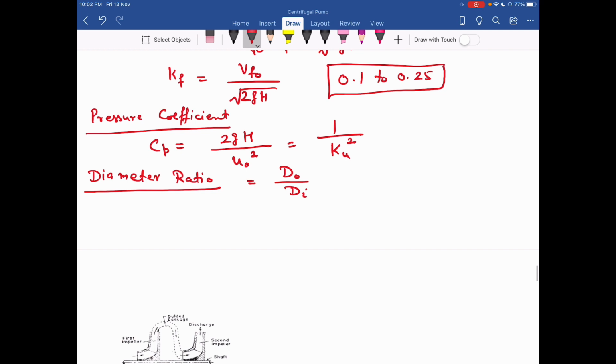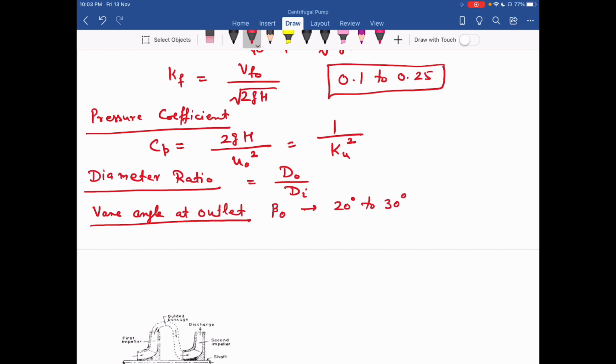Okay. Then vane angle at outlet. Okay. So for best efficiency, the value of outlet vane angle, that is beta O, is from 20° to 30°.